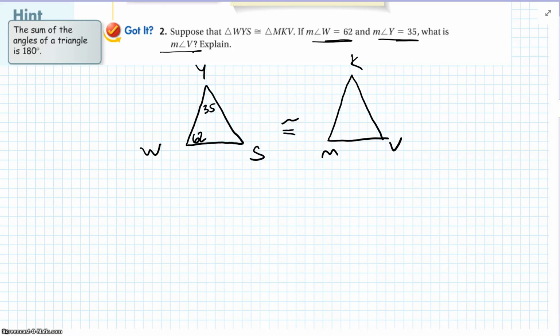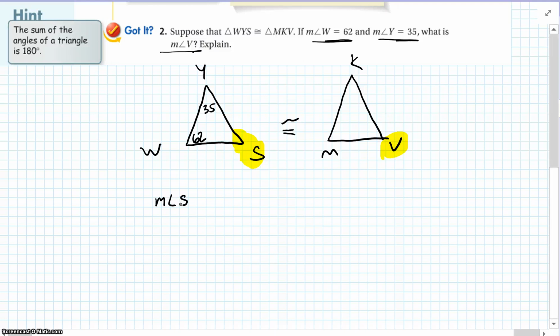So S is congruent to V, right? So what do we know about a triangle? The measure of angle S plus 62, so I'm taking that angle plus 35, all that's going to equal 180. So the measure of angle S plus, we're going to sum like terms, 97 equals 180.